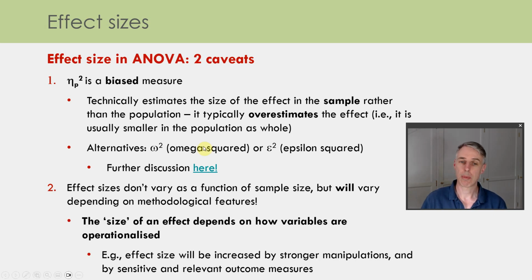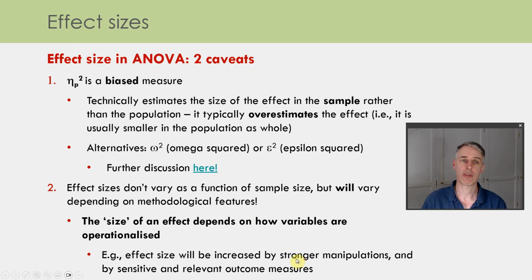Okay, so what that means is the size of an effect between two variables depends very, very much on how those variables are operationalized. Okay, for instance, an effect size in an experiment will be much greater if you have a stronger manipulation of your independent variable.